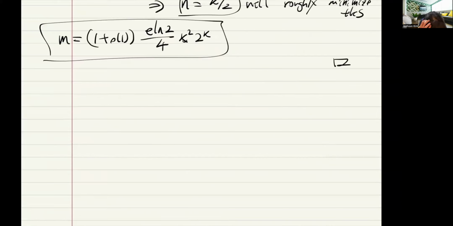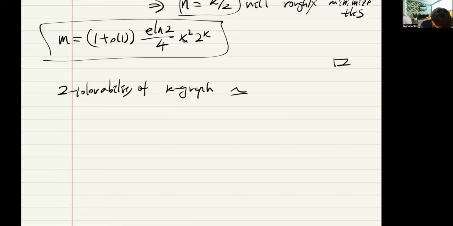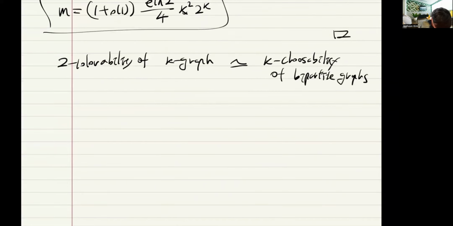Okay, and maybe let me mention one of the reasons why the two colorability of k-uniform hypergraphs is interesting. This is related to k-choosability, the list colorability of some bipartite graph. They are related.